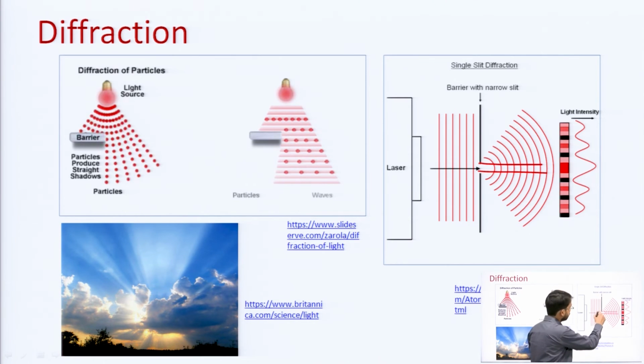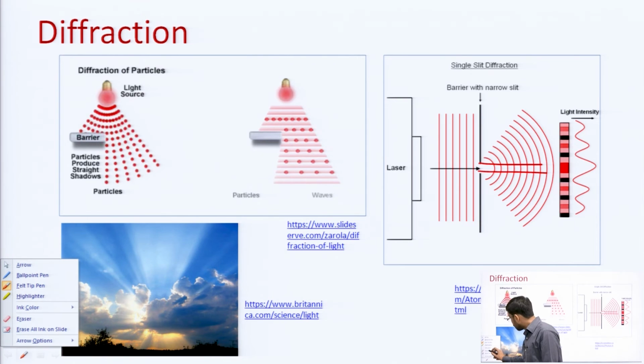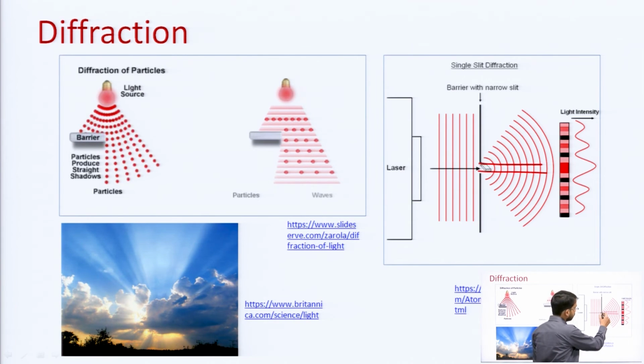So, if the size of the slit or the size of the particles is comparable with the wavelength of light, then it is diffracted. Like in this picture, light is getting diffracted because the slit is very small and the size of the slit is comparable with the wavelength of light. Okay. So, this is diffraction. Fine.